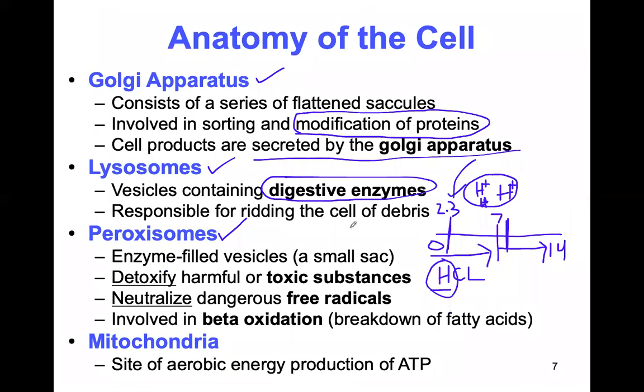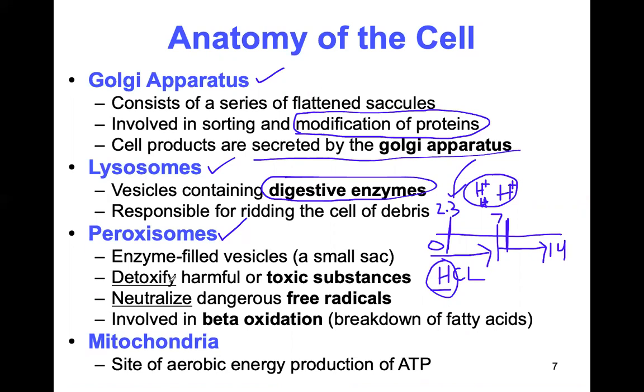The peroxisomes are enzyme-filled vesicles, much like the lysosomes were, but the peroxisomes are going to detoxify harmful substances. It's going to neutralize free radicals, and they're found highly concentrated in the liver. So they're really good at detoxifying alcohol, drugs, things that are harmful to the body.